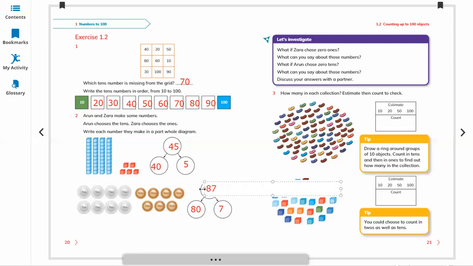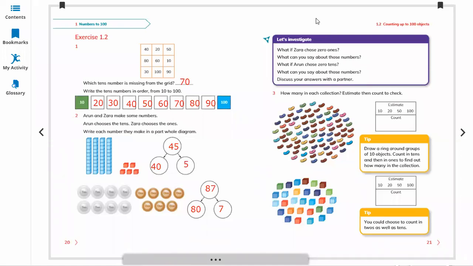So this is the total number, 87. How many tens were there? 8 tens and 7 ones. Okay. So this is our question number 1 and question number 2.